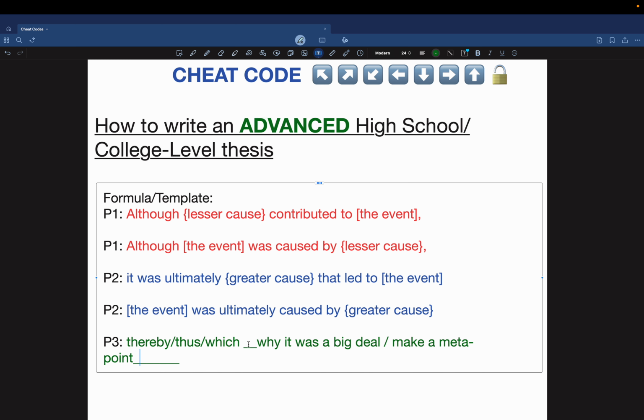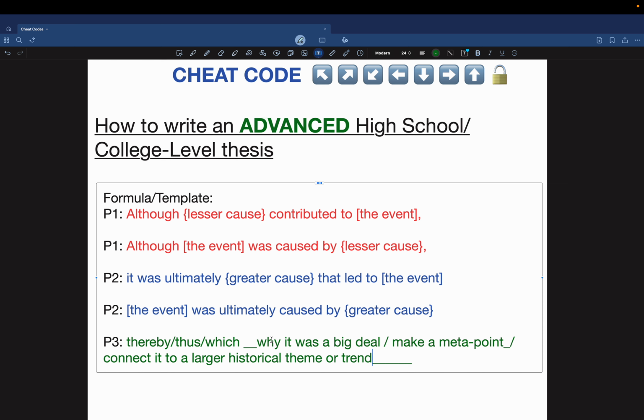You could even connect it to a larger historical theme or trend, like when civil rights are expanded, or when the government grows from what its original 1787 constitutional founding created.